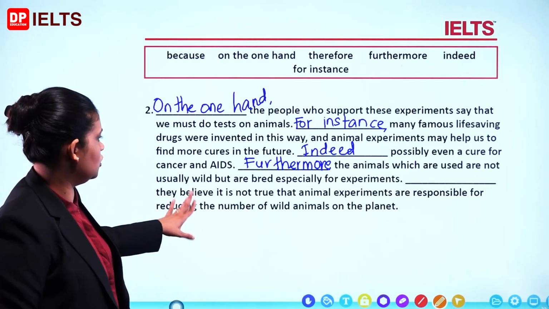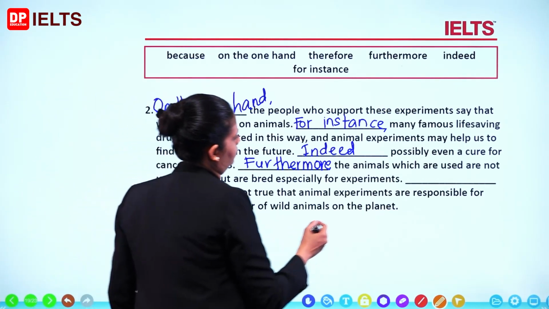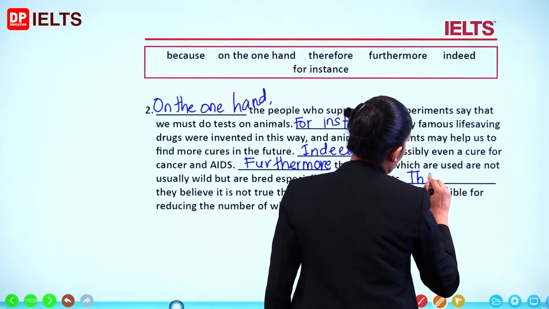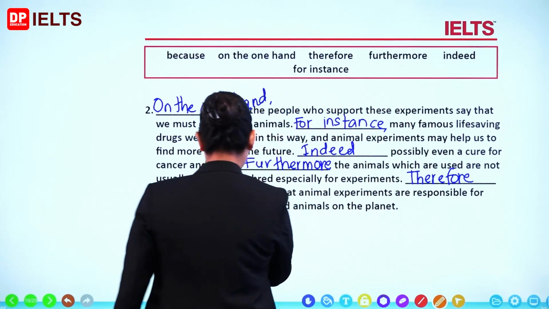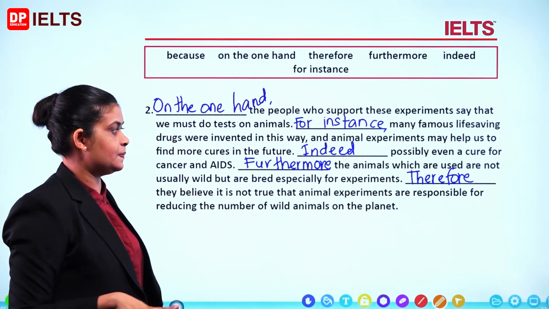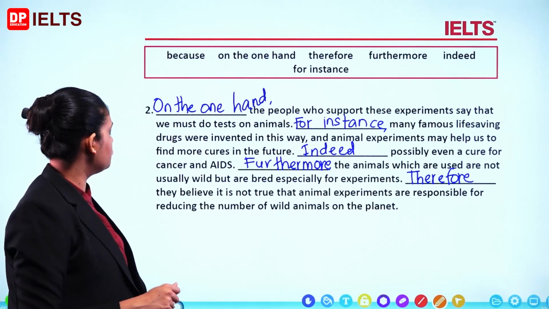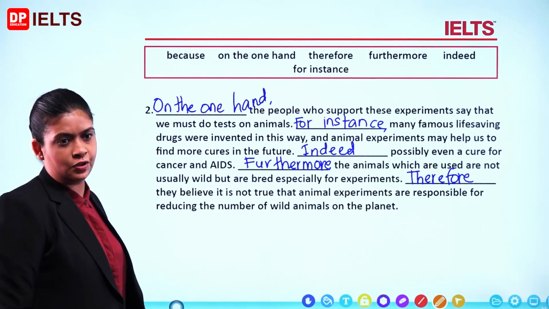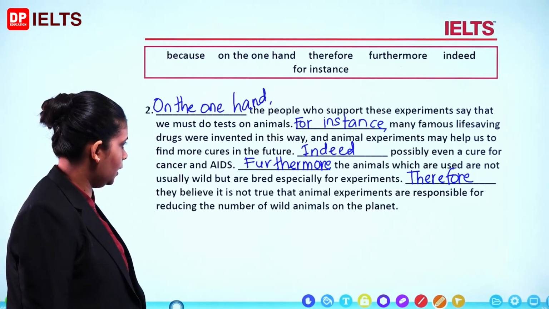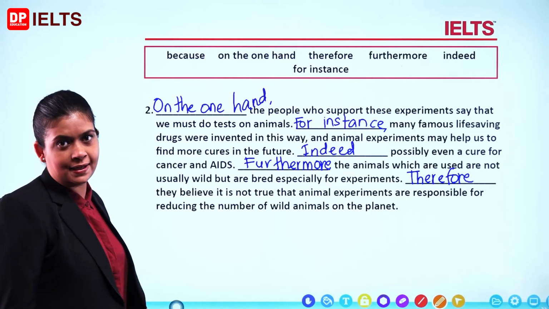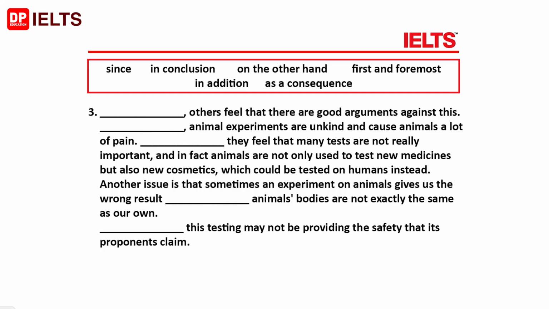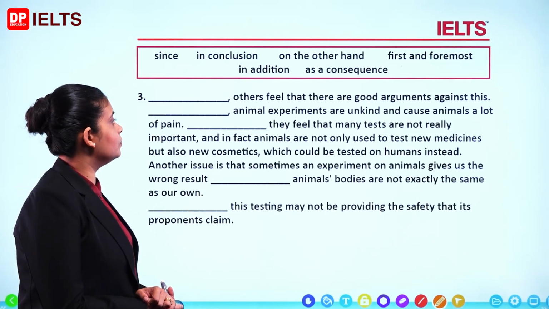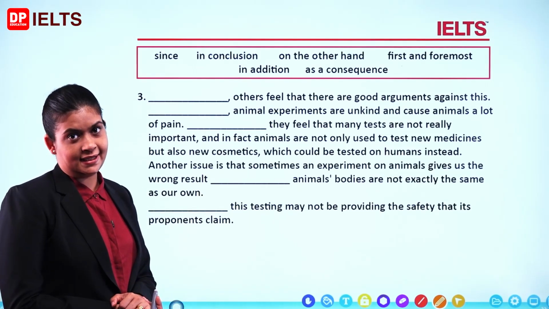Therefore, they believe it is not true that animal experiments are responsible for reducing the number of wild animals on the planet. Okay, so see if you've got these answers. And then let's move on into the next one. And I want you to complete this, right? Try it on your own and then let's discuss the answers.